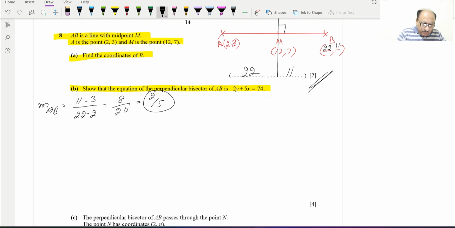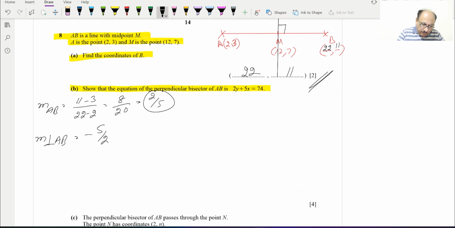So we got 2 by 5 as the gradient, and after calculating this, we can take the gradient of the perpendicular. The gradient of the perpendicular to AB will be the reciprocal with the sign changed, so minus 5 by 2.